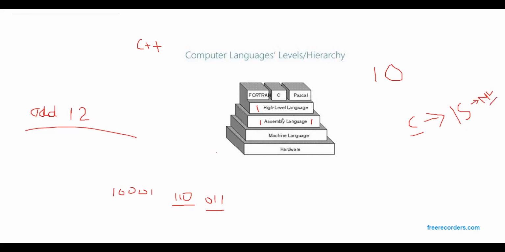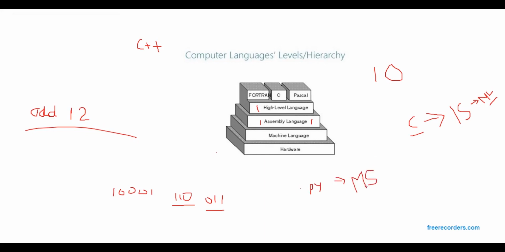So, every high-level language will be converted into machine language. If you are writing a Python program, if you are saying anything .py, then it will be converted into a machine language.